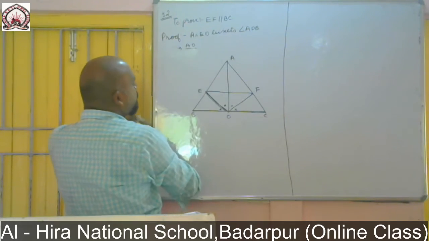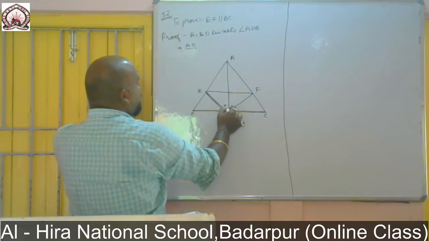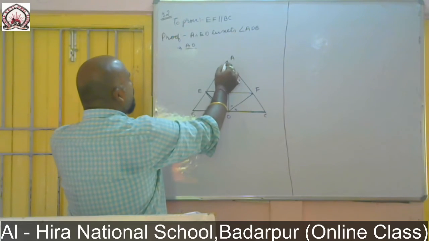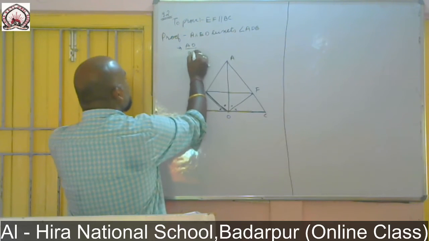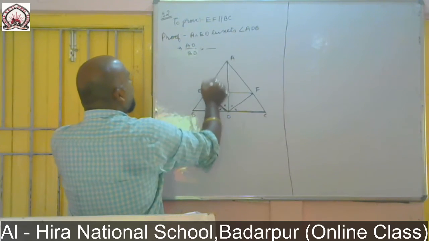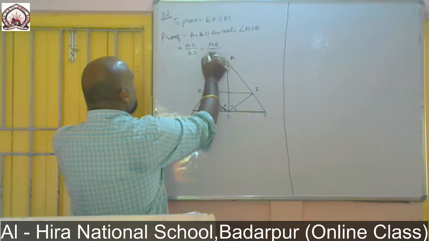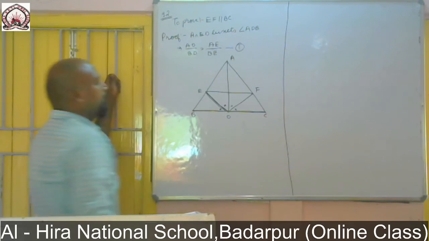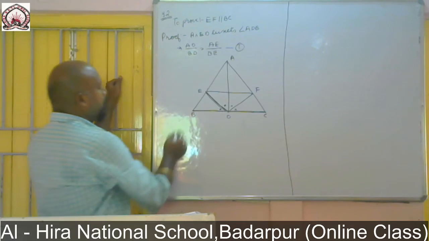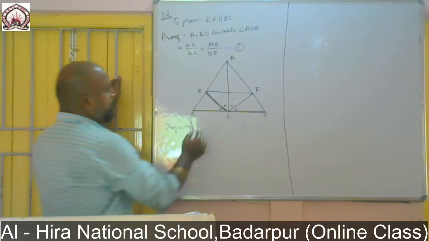AD by BD equal to AE by EB. This is equation 1.